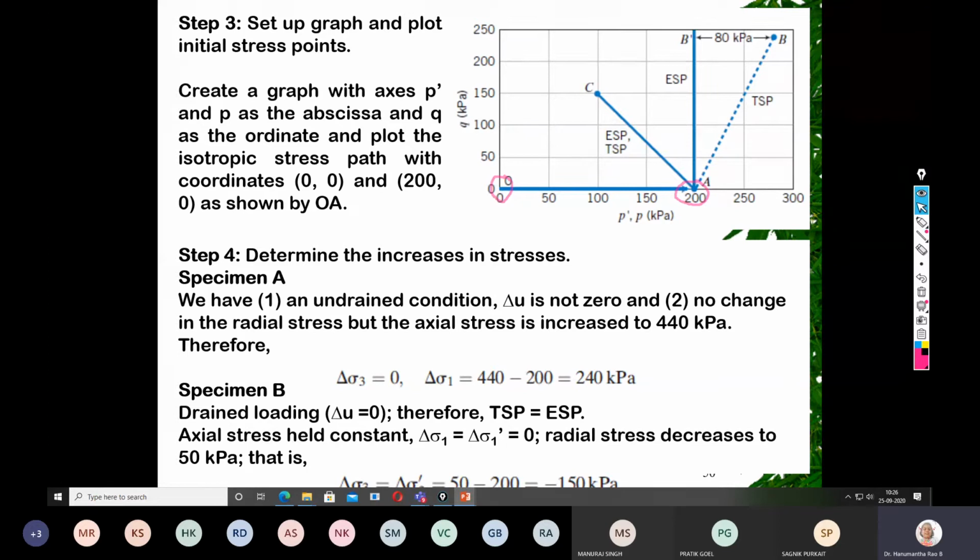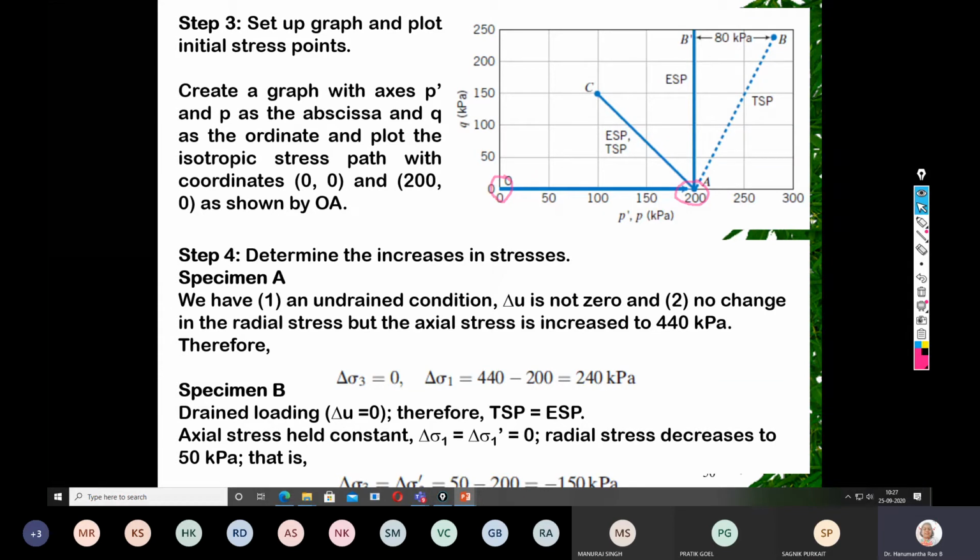Consequently, delta U is not 0 and there is no change in the radial stress, but the axial stress sigma 1 was increased from 200 kilopascals to 440 kilopascals. So the total increment was 240.